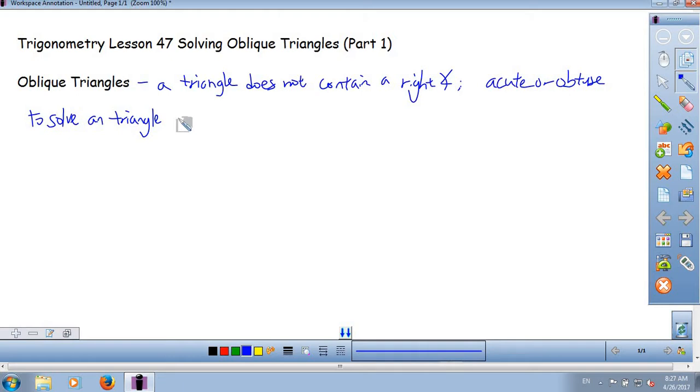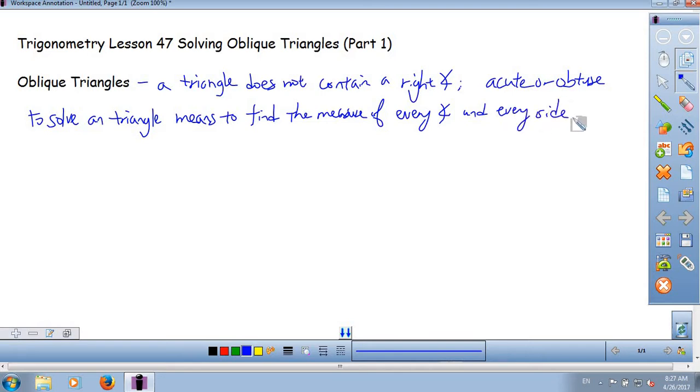To solve a right triangle means to find the measure of every angle and every side. So to solve a triangle, any kind of triangle, not just a right triangle, it means to find the measure of every angle and every side. That's what it means.